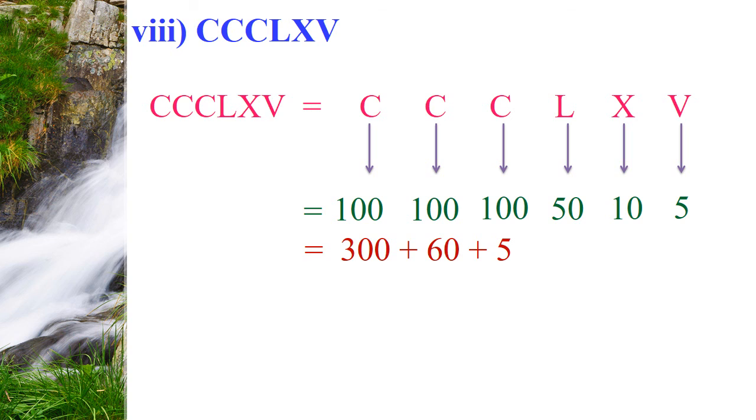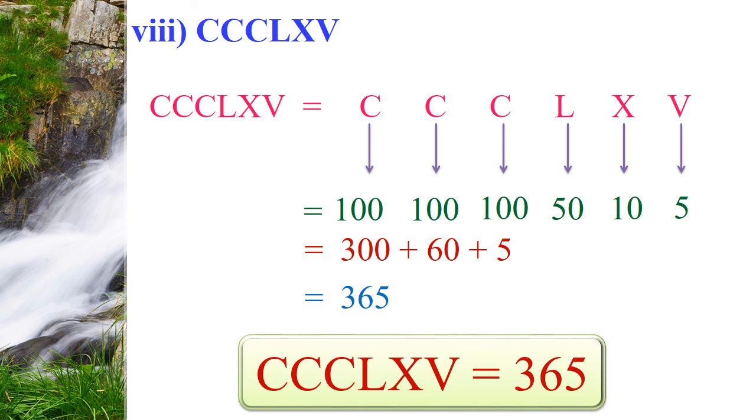Because here larger number next smaller number. So we can add the numbers. So next we get 100 plus 100 plus 100 we get 300. 50 plus 10 we get 60 plus 5. Next 300 plus 60 plus 5 we get 365. That is CCCLXV equal to 365.